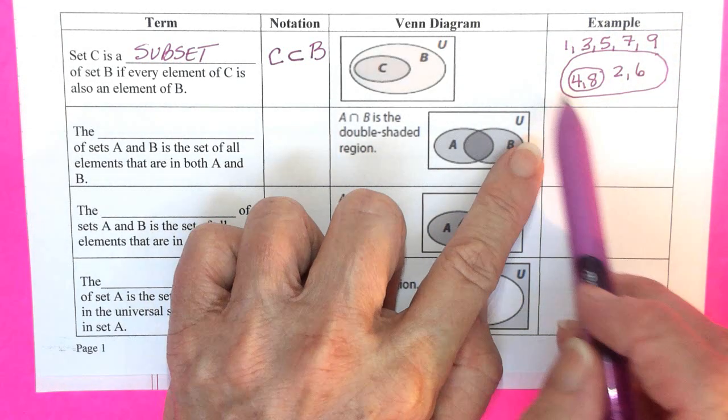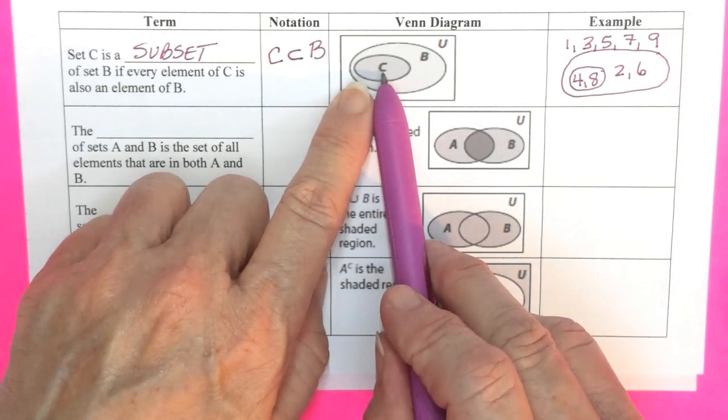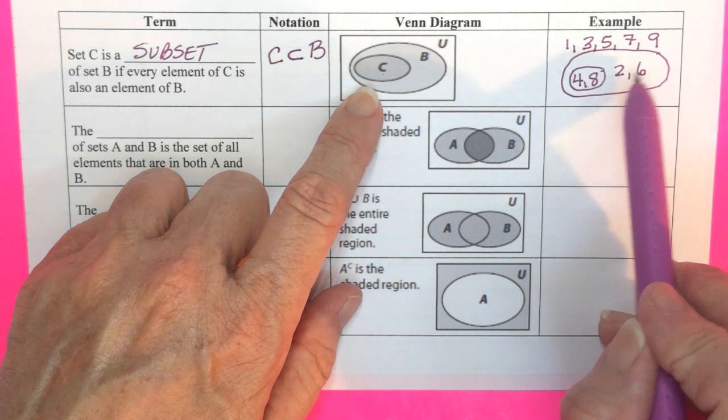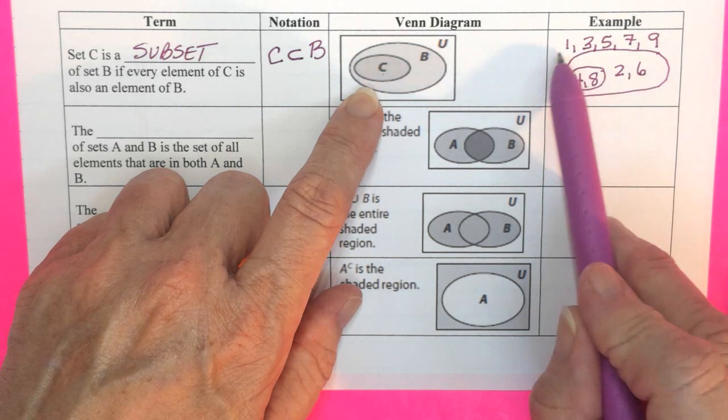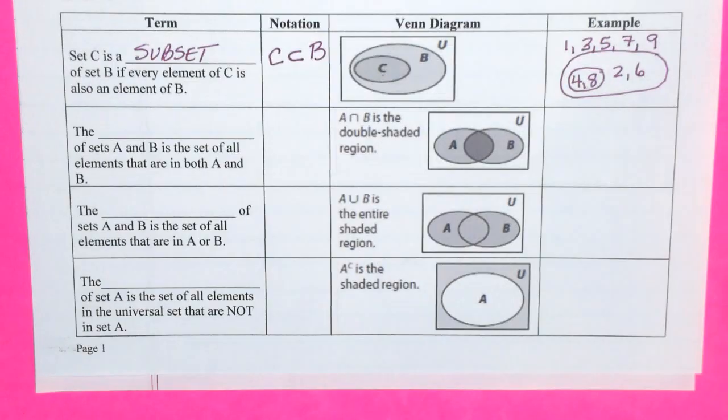So right there in that box, we've taken the whole universal set, but we've first put C in the inner circle. B contains C plus 2 more elements, and the universal set's completely listed. That's how we would show C as a subset of B with the examples we started with.